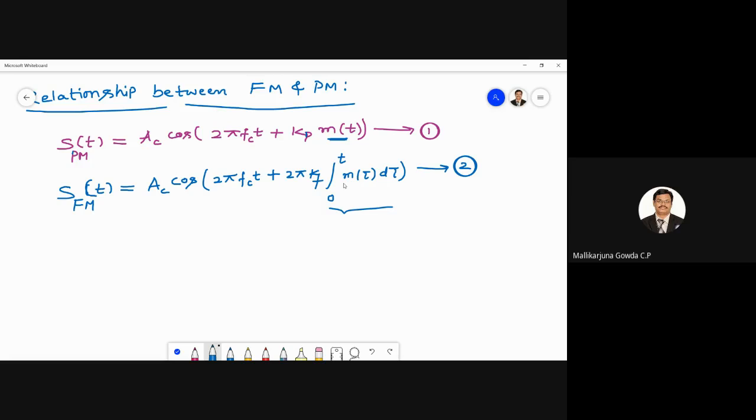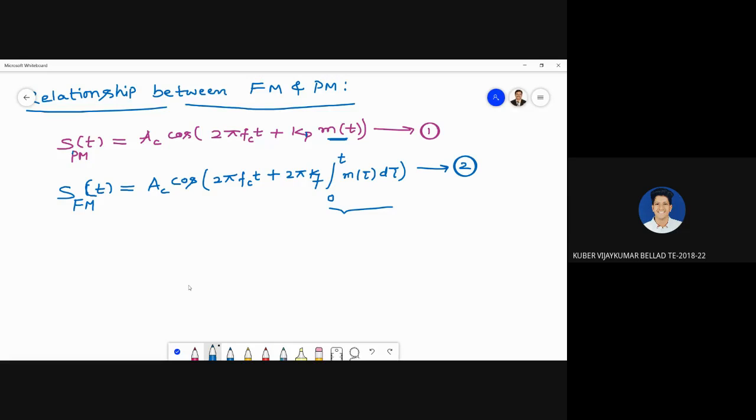Just saying it in words, I think you will not. That changes the phase modulated signal into a frequency modulated signal. Keeping the constant in mind, you can replace Kp by 2 pi KF. Yes or no?